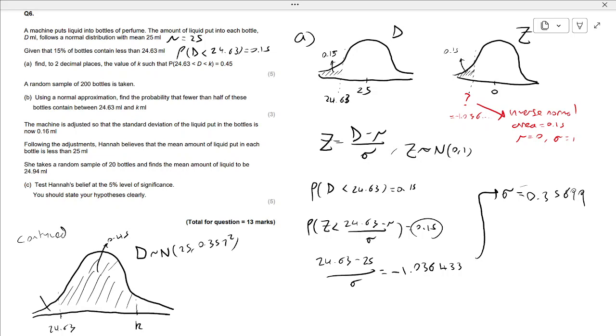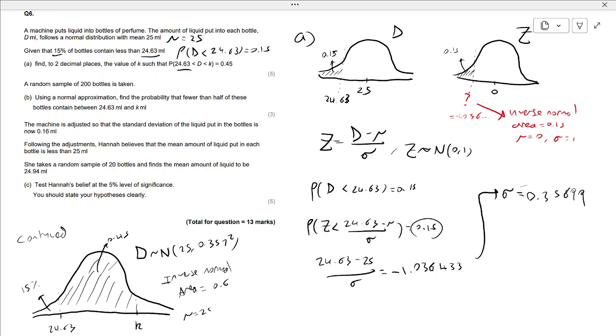But we actually also know this is just going to be 15% from earlier. This 24.63 is the same number, so it's just 15%. So I'm going to again do the inverse normal. The area to the left is 15% plus 45%, which is 60%.